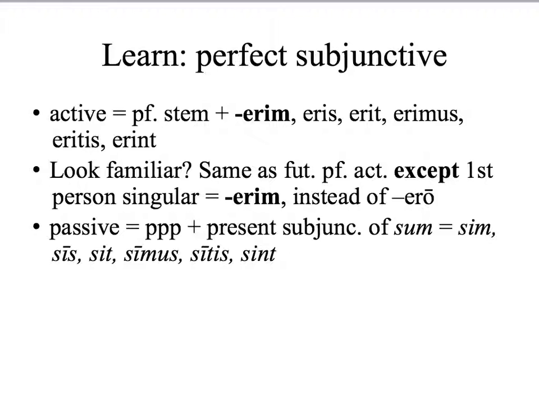So in this chapter we are learning the 4th tense of the subjunctive, the perfect subjunctive. And you may be happy to learn that in the active it is almost identical to the future perfect active, with the exception that the first person singular ending, instead of being ero, is erim.